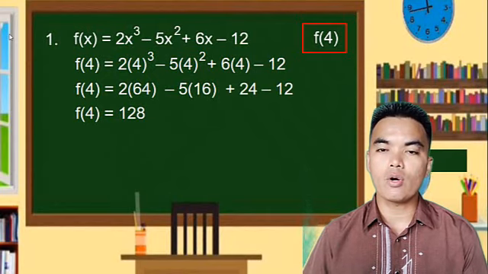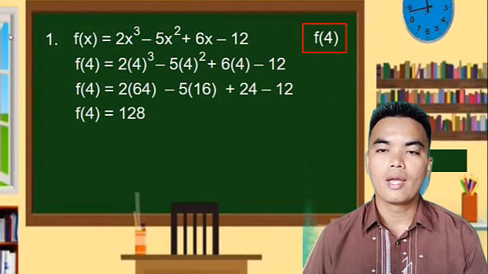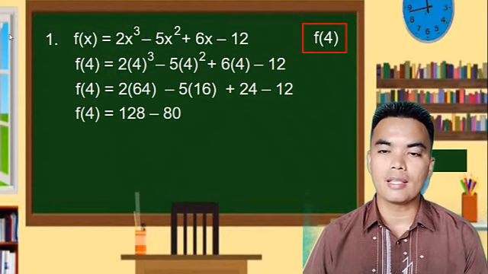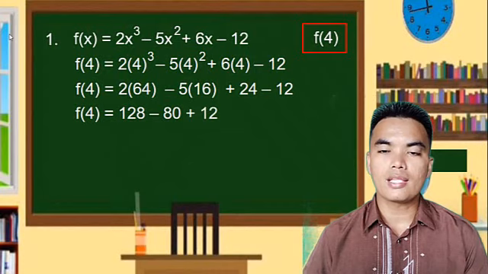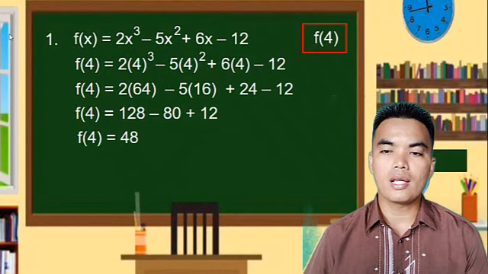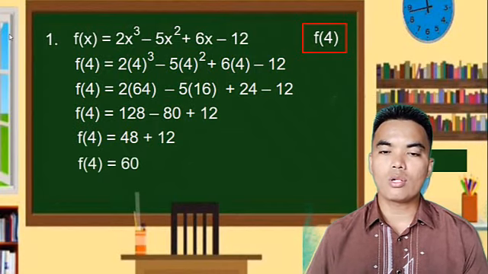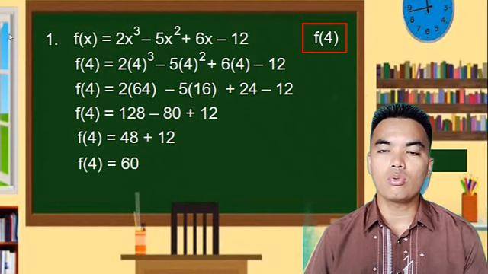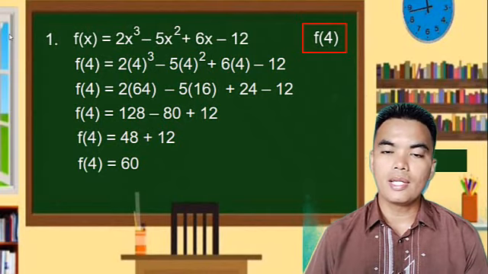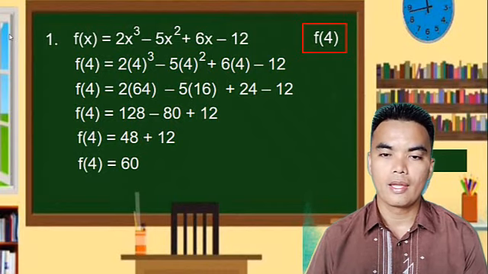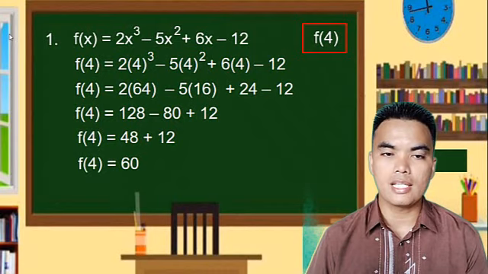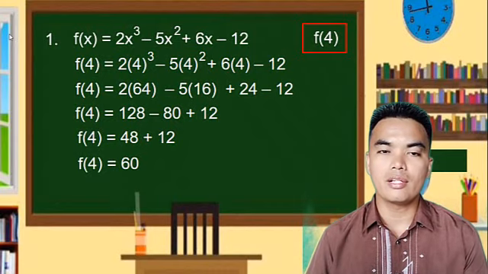So 2 times 64 is 128, minus 5 times 16, which is 80, plus 12. That is 48 plus 12, which is equal to 60. Meaning f of 4 is equal to 60. This means x minus 4 is not a factor, and it has a remainder of 60. That is the use of the remainder theorem.